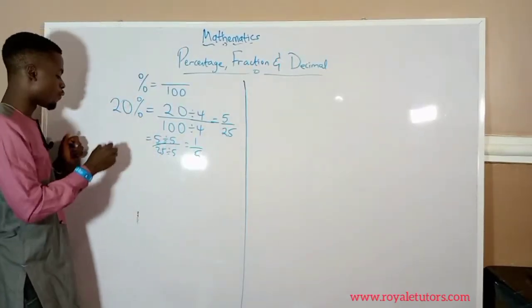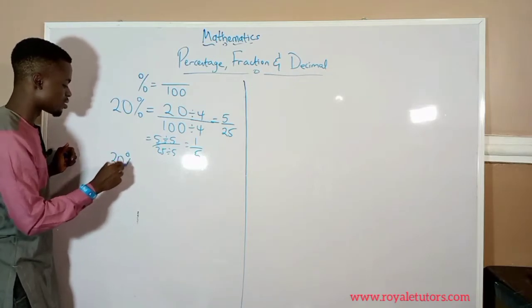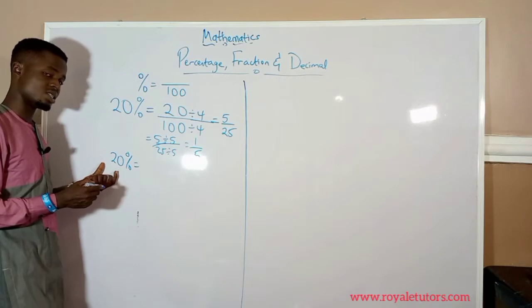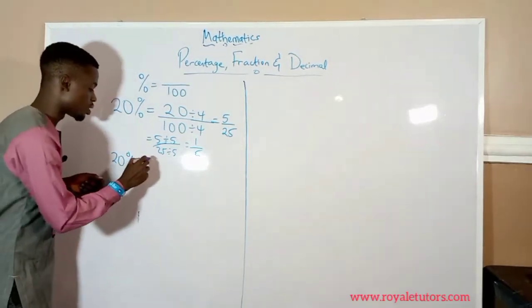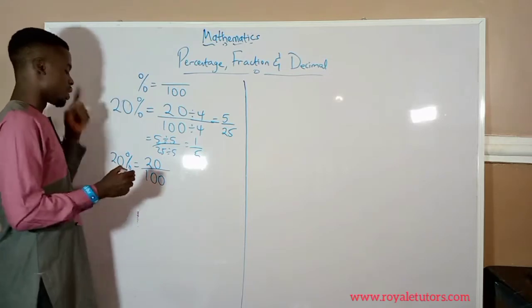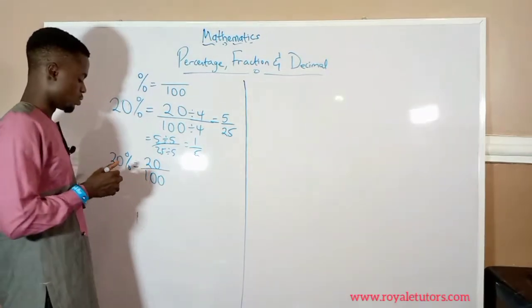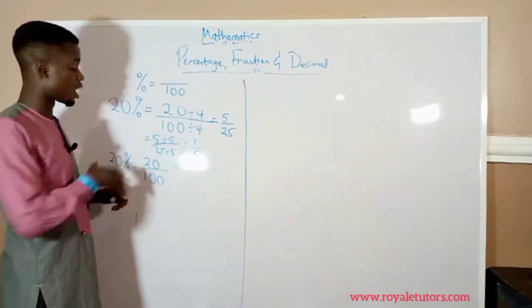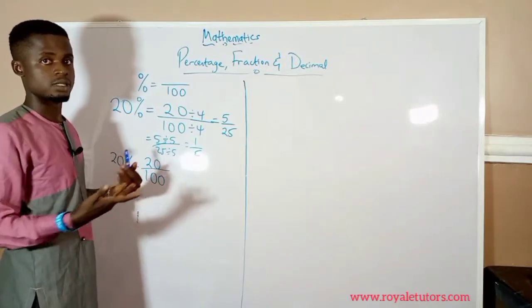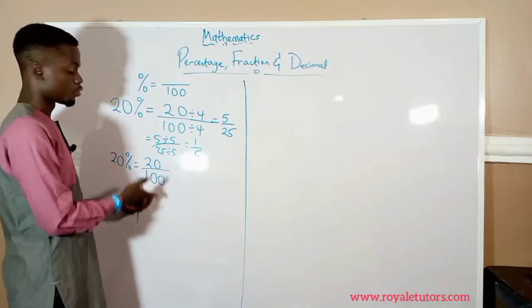Also, if you want to convert 20% to decimal, first write it. Don't forget 20% means 20 out of 100. So you have 20 over 100. You can divide by 10 first, or you can move straight to decimals. I believe you should just move straight to decimal.